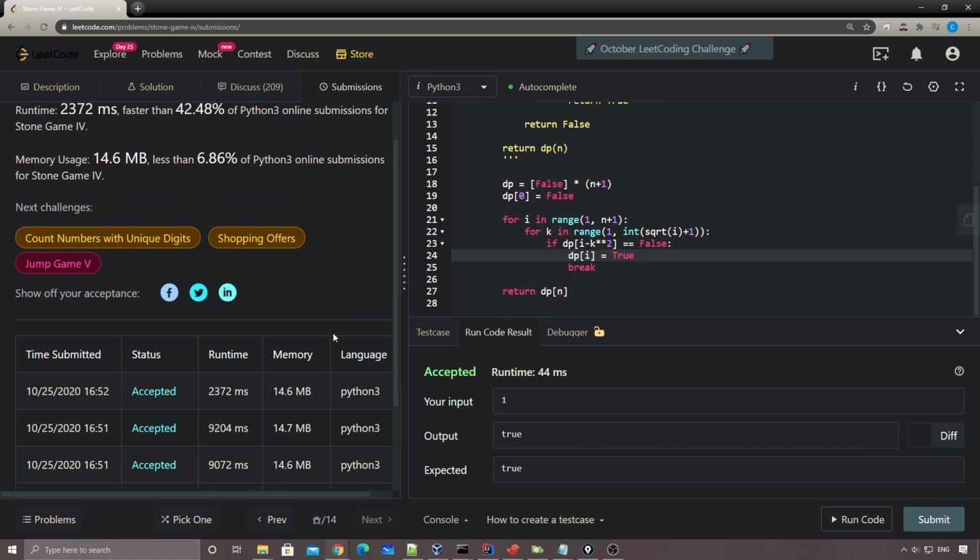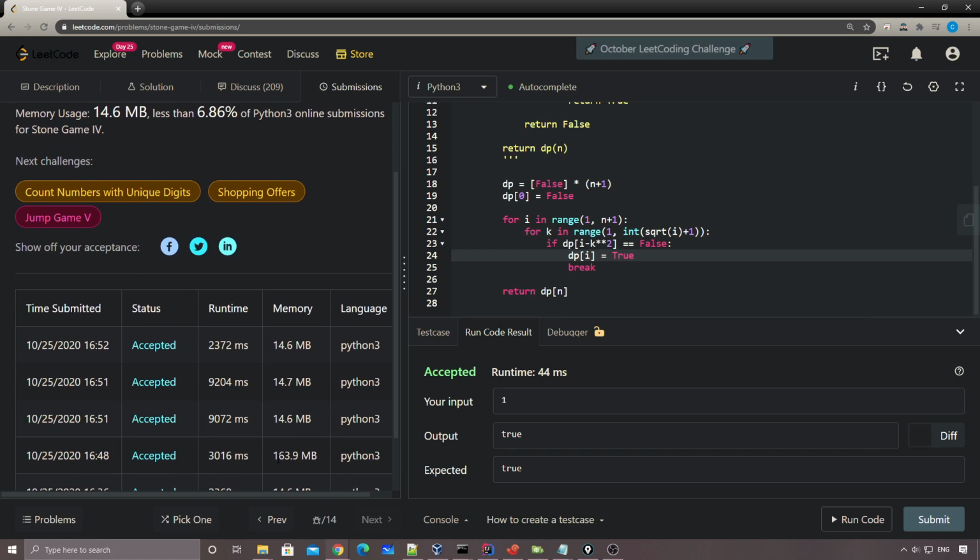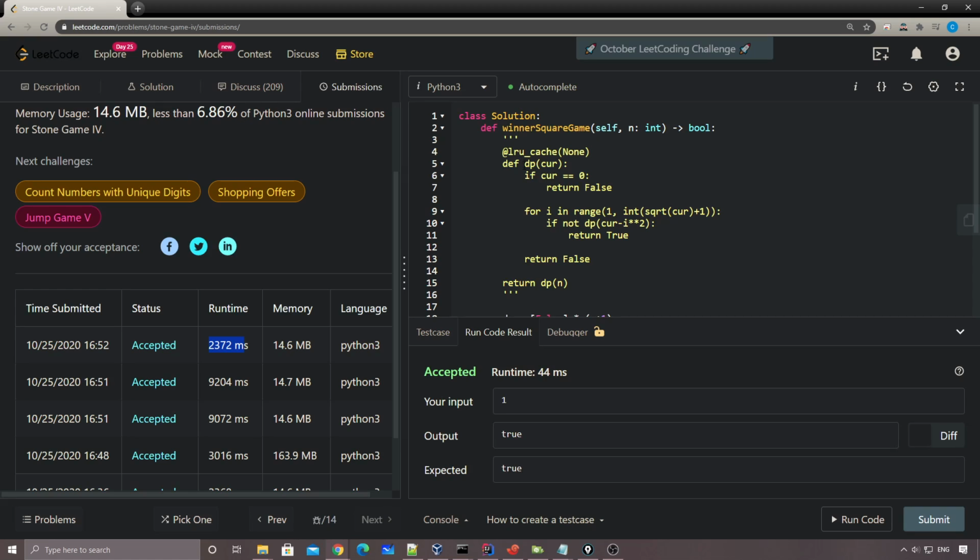And as you can see here, this one is the top down and this one is the bottom up. The top down uses much more memory than the bottom up, even though they have a similar running time. Why is that? This is because they need more space to store the state, or the callback information, for each of the recursive calls.